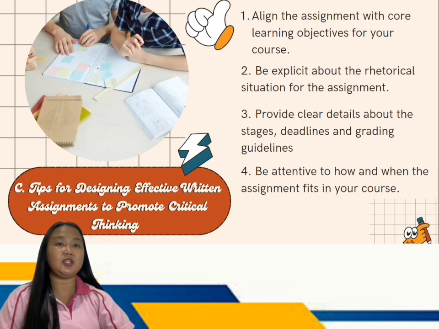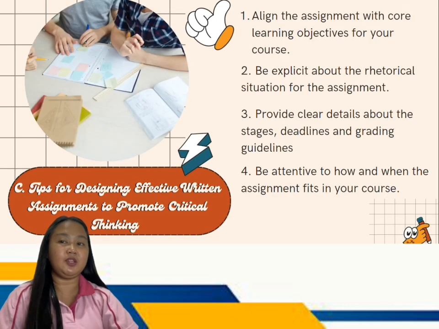Letter C is the tips for designing effective written assignments to promote critical thinking. Number 1, align the assignment with core learning objectives for your course. Number 2, be explicit about the rhetorical situation for the assignment. Number 3, provide clear details about the stages, deadlines, and grading guidelines. Number 4, be attentive to how and when the assignment fits in your course.